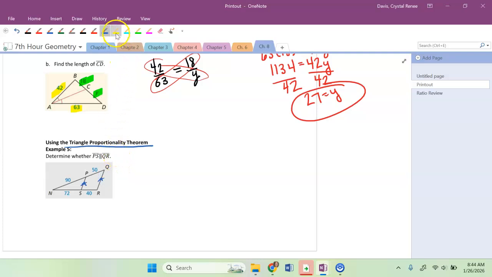Okay, so what I need to do is to check to see if these have the same ratio. So, is 90 over 72, is that equal to, and I'm going to put a question mark, 50 over 40? Okay, if it is, they're parallel. If it's not, it's not.